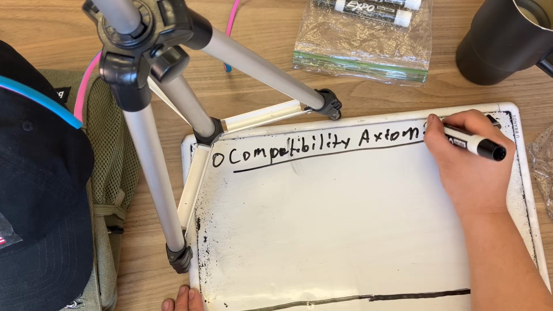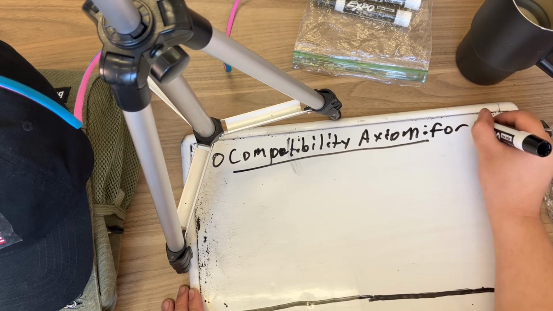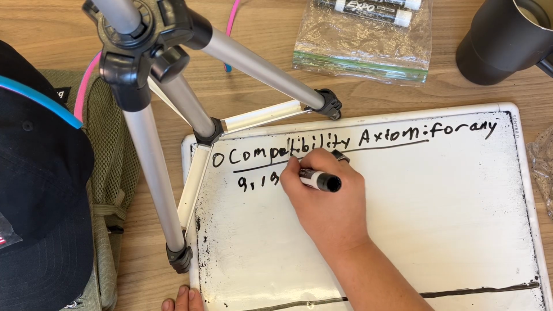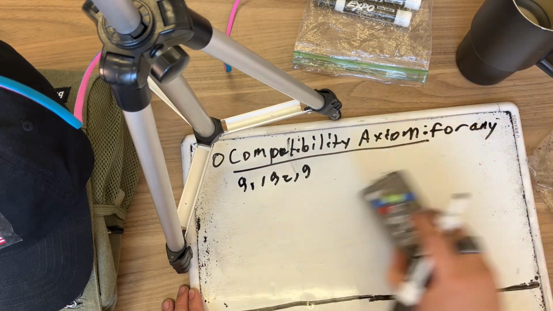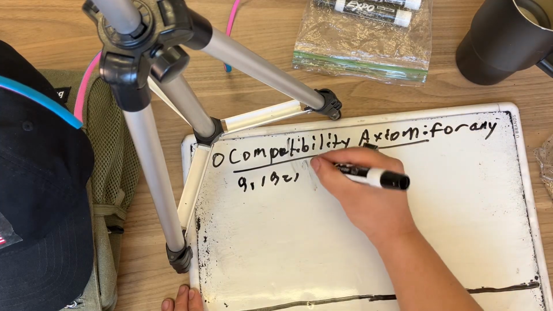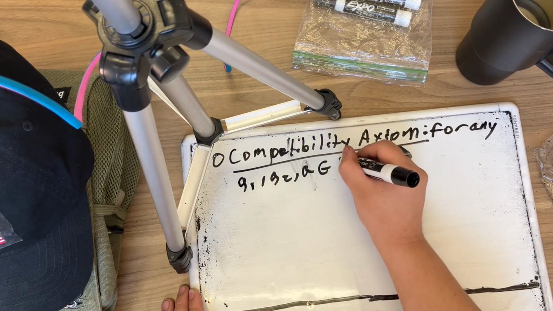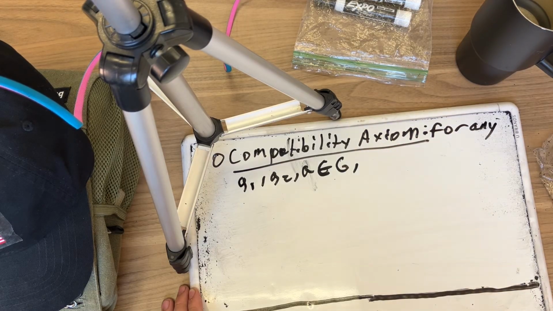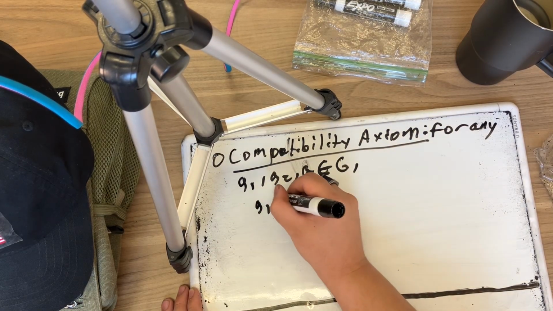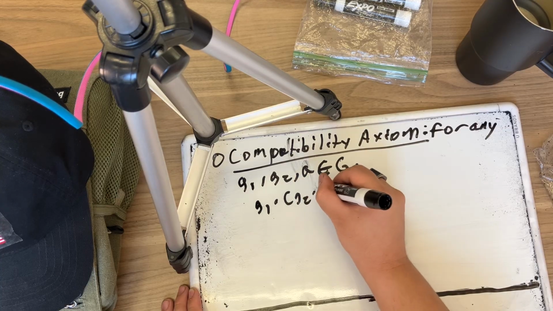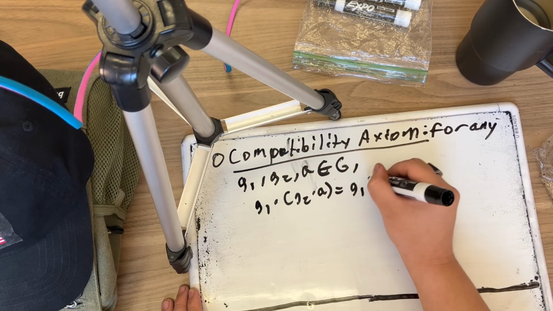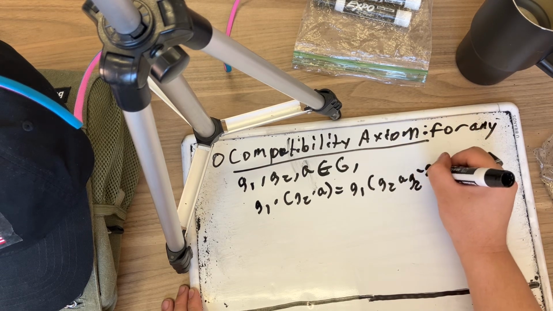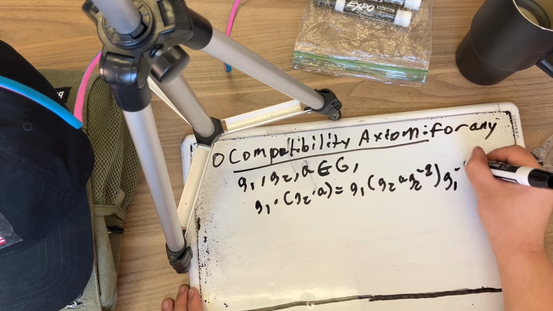So for any g_1, g_2, g_3, just keep going, a contained as elements within G, we have that g_1 dot (g_2 dot a) is equal to g_1 (g_2 a g_2^-1) g_1^-1.